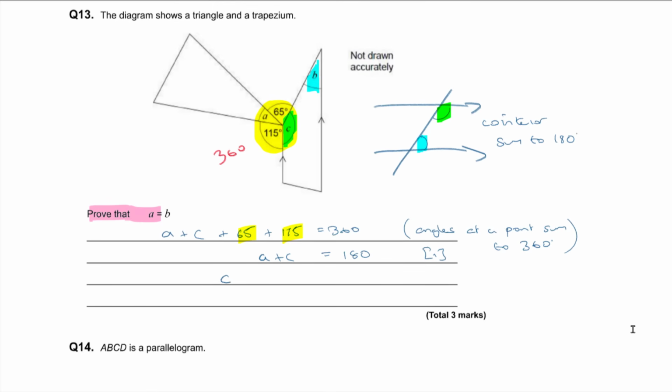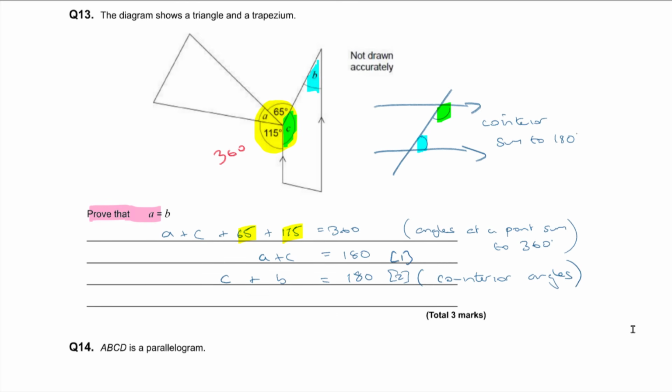And I can say that C plus B is equal to 180, and that's because we've got co-interior angles. Okay, and so I've got two equations. Let's call that equation 2. So I've got equation 1 and equation 2.